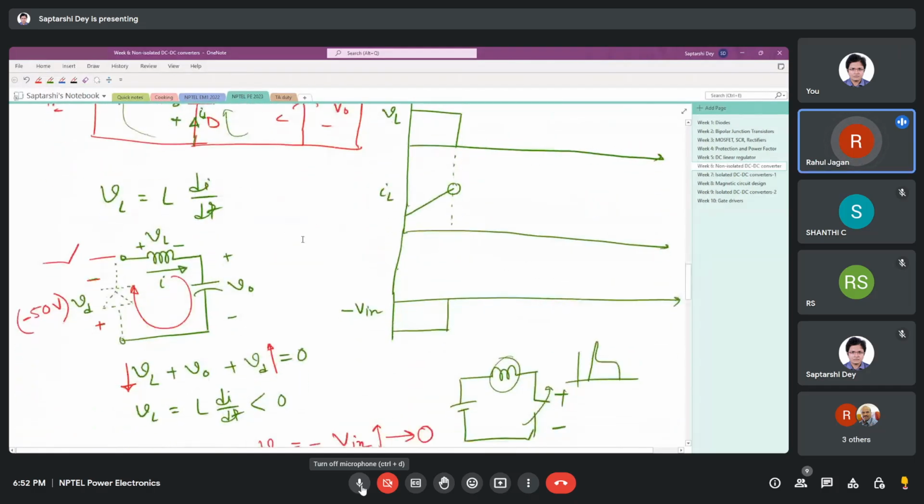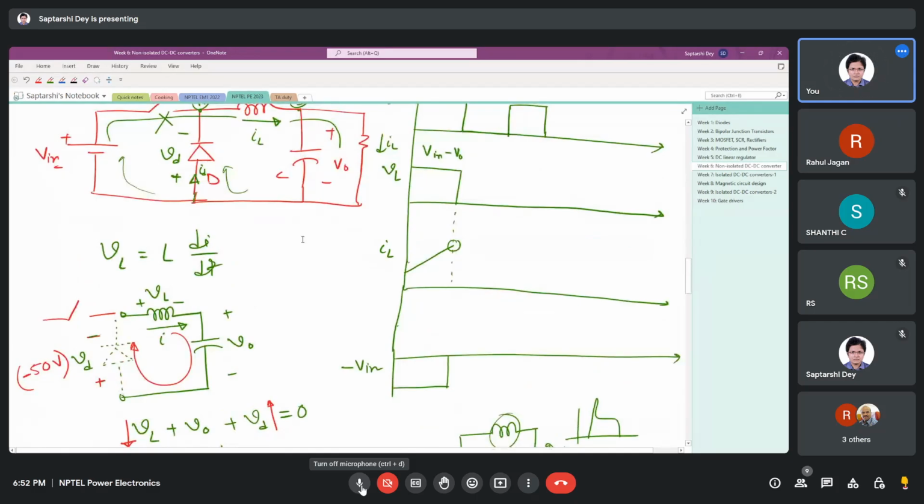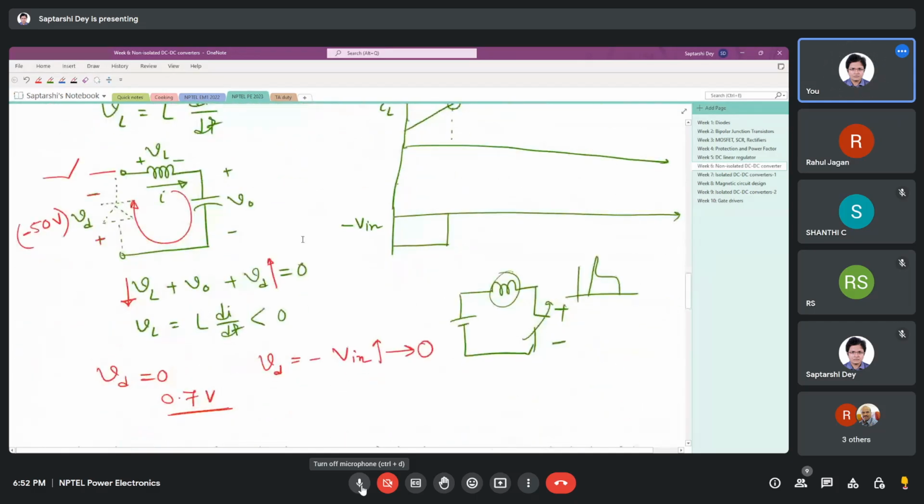Yes, once the switch is off, how is the diode forward biased? That's what I discussed: when you are turning off the switch, you are interrupting this inductor current. If you're interrupting this inductor current, you have a large value of L di/dt, a large negative value of L di/dt.